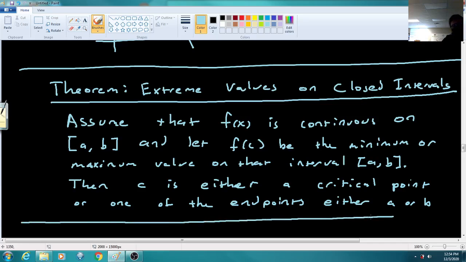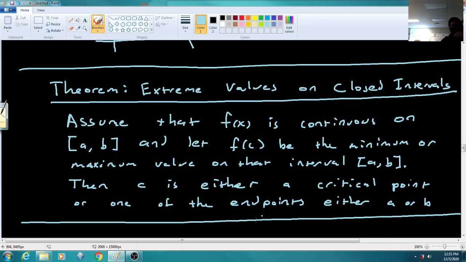So what this theorem says is if you want to find the biggest y value or the smallest y value of a continuous function on an interval, check your endpoints, check your critical points, and it's going to be one of those.